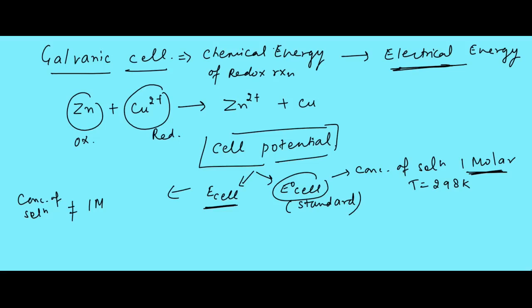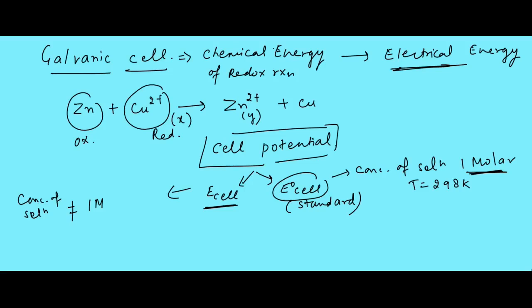and when the concentration of solution is not equal to 1 molar, then we use the term E cell. Now, in the same reaction between zinc and copper ion, if I mention that the copper solution concentration is X and zinc solution concentration is Y, and these X and Y are not equal to 1 molar concentration, then I need to calculate the E cell.